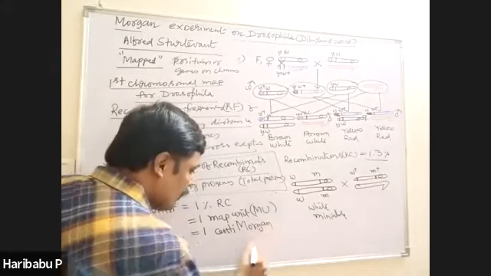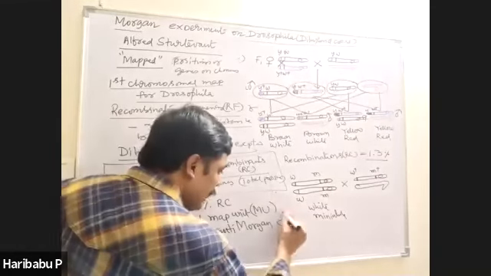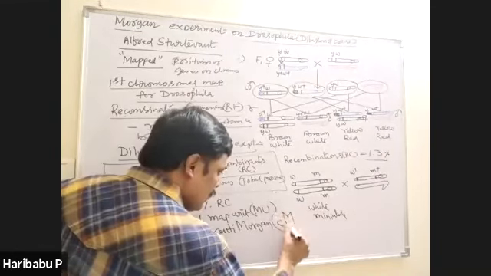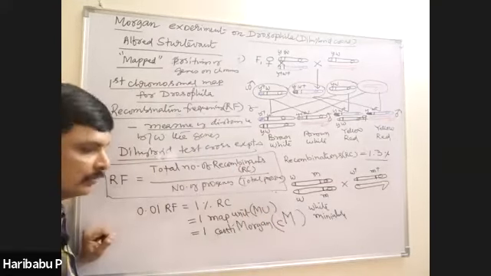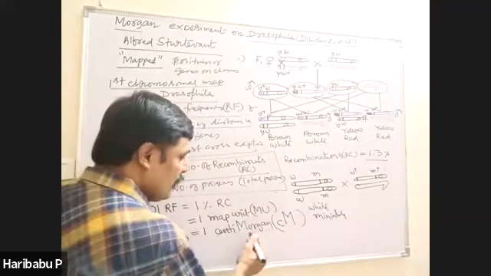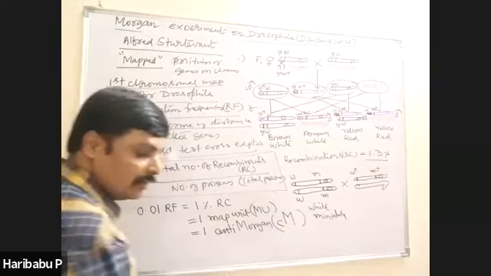Centimorgan: you should write it like this, C small letter, M capital letter. This unit is given in honor of T.H. Morgan. If you write both in small letters, it becomes centimeters, so it is wrong.